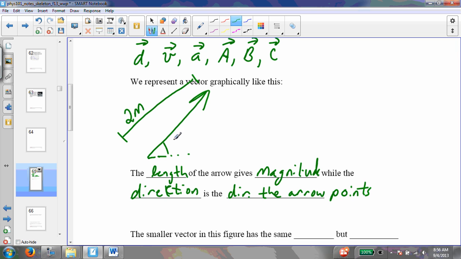I say, for example, this is 40 degrees. And so I would say that my vector is 2 meters at 40 degrees from the positive x-axis. And that's contained graphically in just drawing that arrow. And that would be very different, by the way, if I were to draw a vector that looked like that. That would be a different magnitude and a different direction.